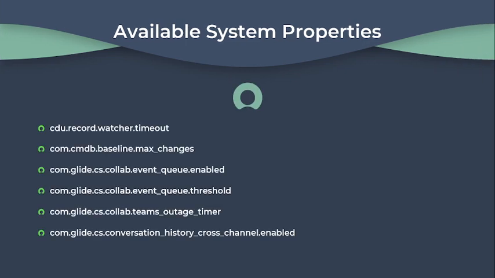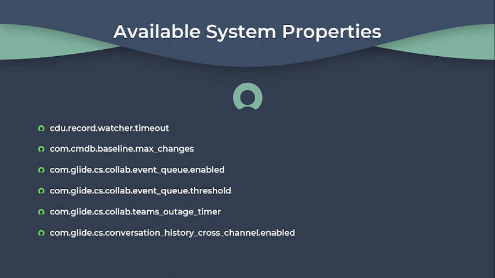Then available system properties. There are a number of available system properties, but we can discuss some of them. The first is cdu.record.watcher.timeout.